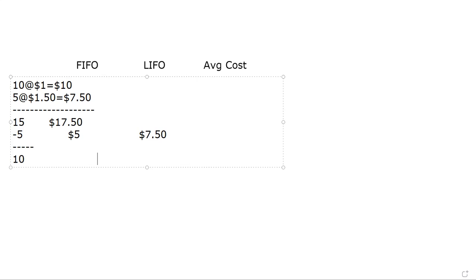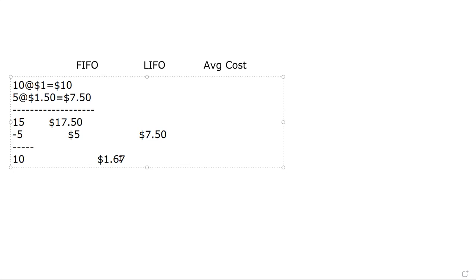If we do the calculation, $17.50 divided by 15, I've got $1 and something.